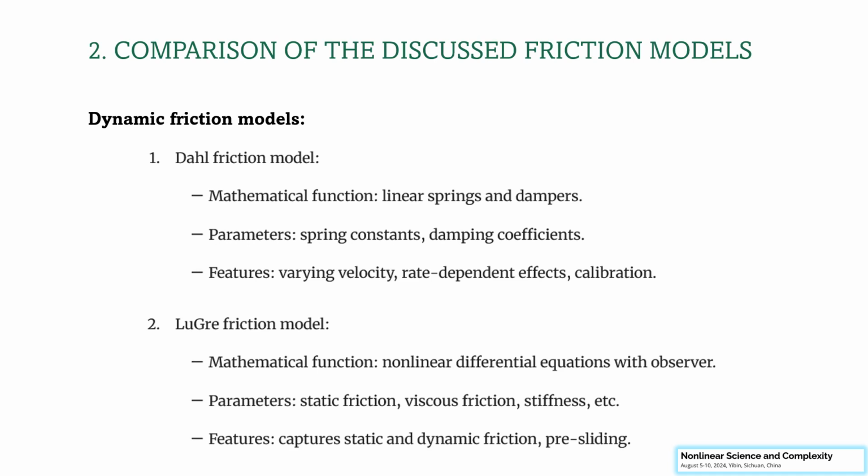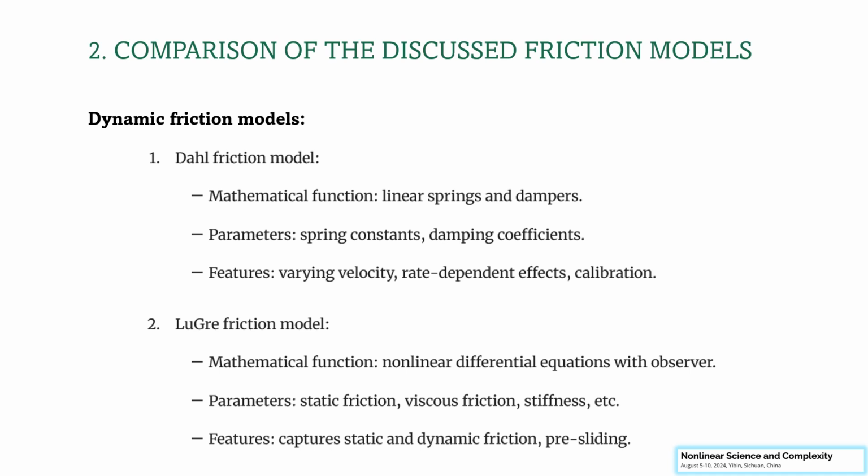The dynamic friction models can be concluded as follows. The Dahl model, the simplest, has linear springs and dampers. In parameters, we could enumerate spring constants and damping coefficients, and the features are varying velocity, rate-dependent effects, calibration. The LuGre friction model introduces nonlinear differential equations with an observer.